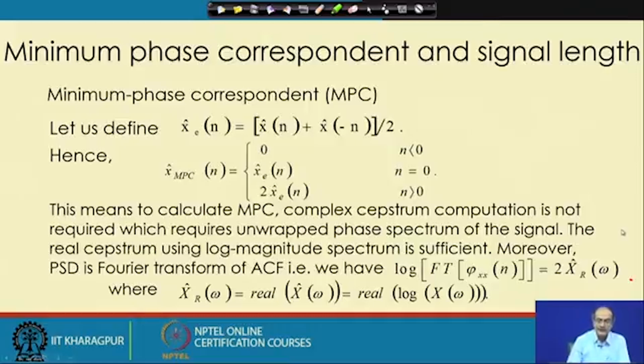Now, what this means is that the complex spectrum computation does not require the unwrapped phase spectrum of the signal. The real spectrum using the log magnitude spectrum is sufficient, because for a real signal we need not bother about the phase. So, we need not do the unwrapping of the phase.